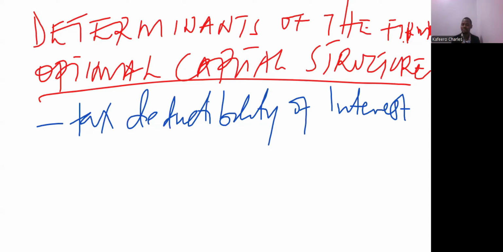But it doesn't necessarily mean that I'm going to have so much debt. It depends on how much you want to save as far as interest being deducted before you charge the tax on the profits that you have made. Companies do tax planning, and these are some of the ways where you can save.